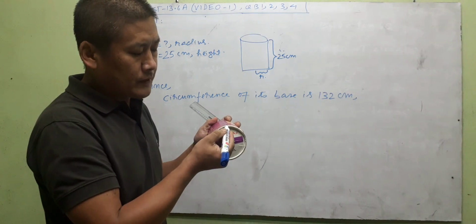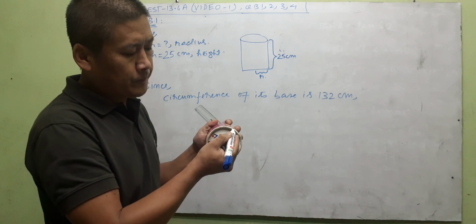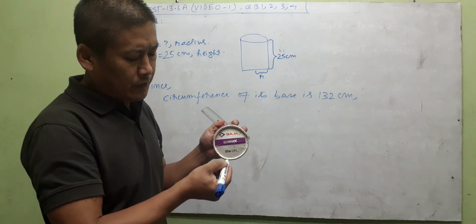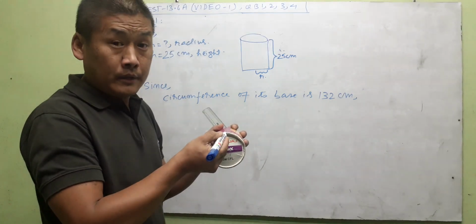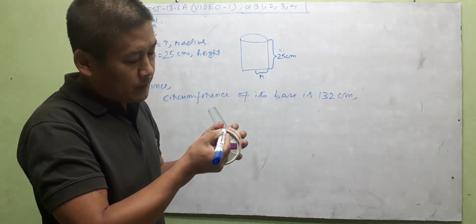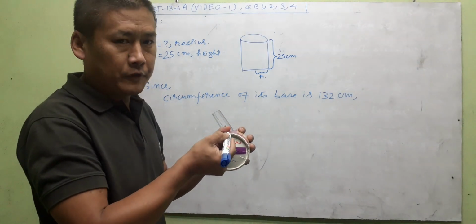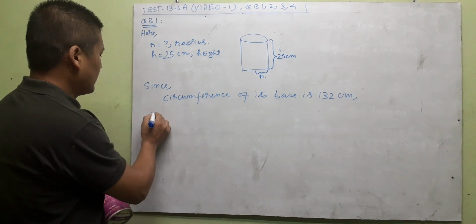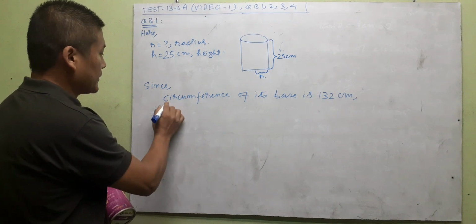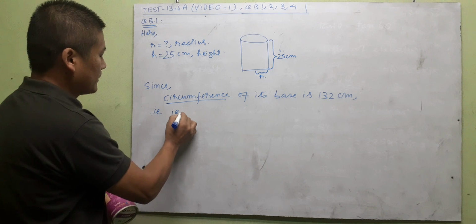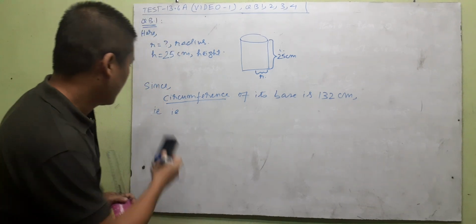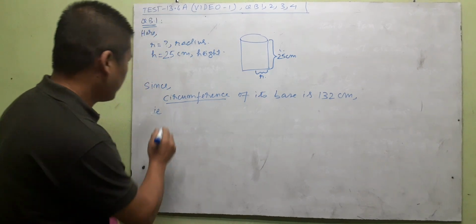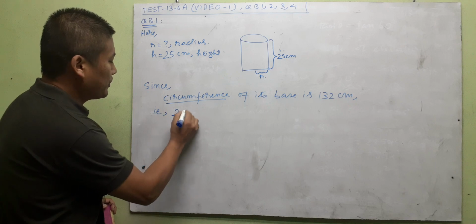Now circumference of the circle is simply the distance covered going one time around the boundary, that is from here to here. And you know the formula for circumference of a circle is 2 pi r.